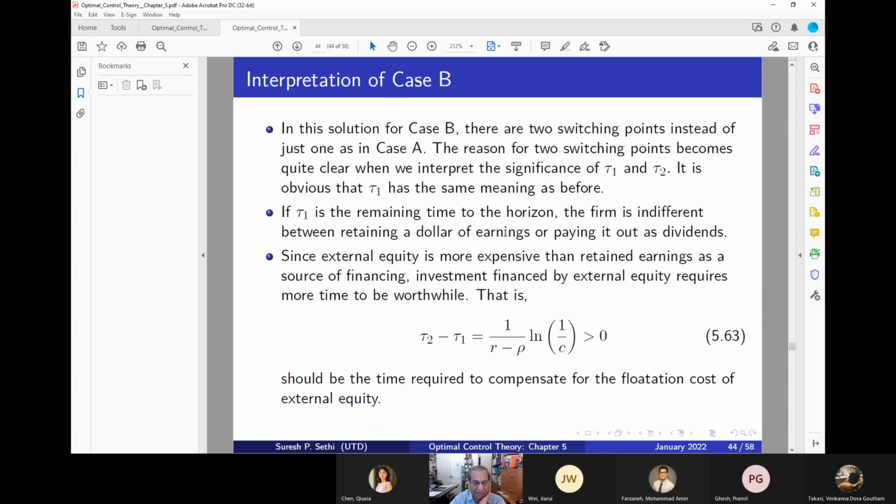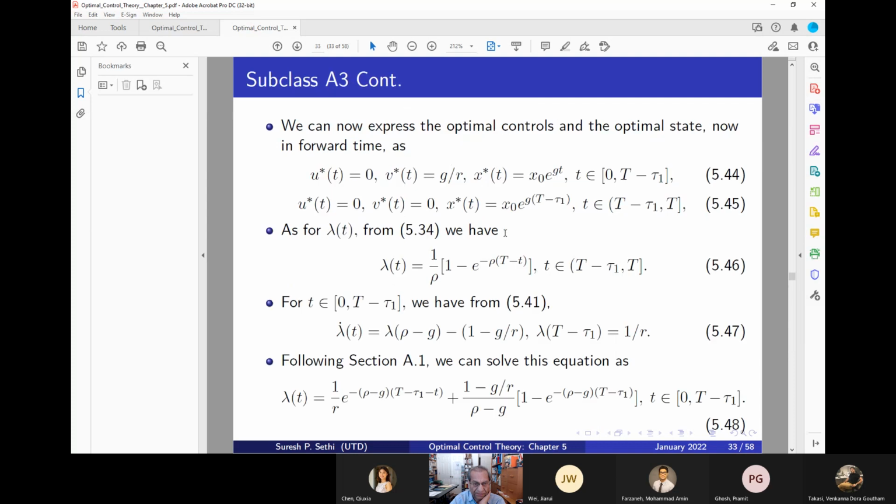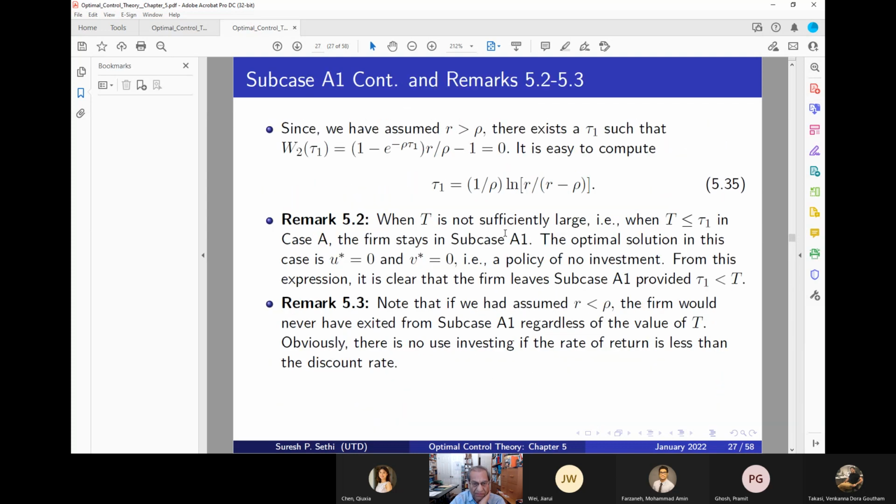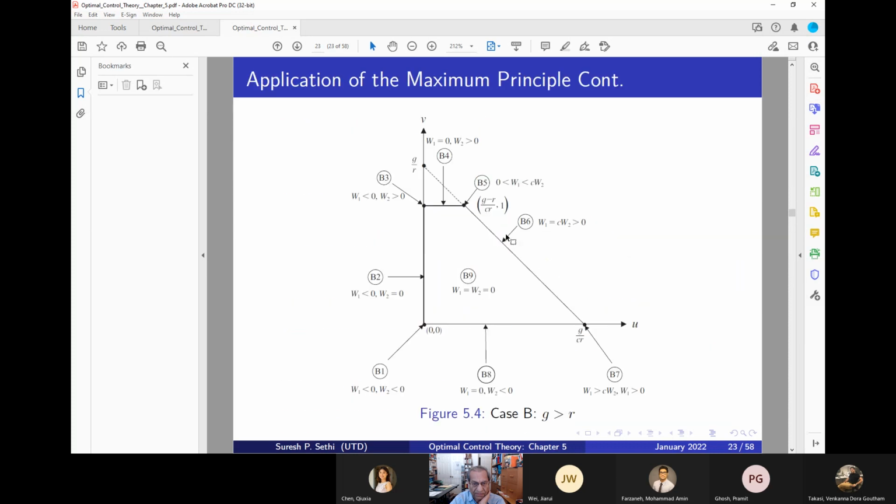We're now saying, to maintain that singular control and stay somewhere along this line, I need to manipulate the control U in such a way that I can keep the W1 as 0.